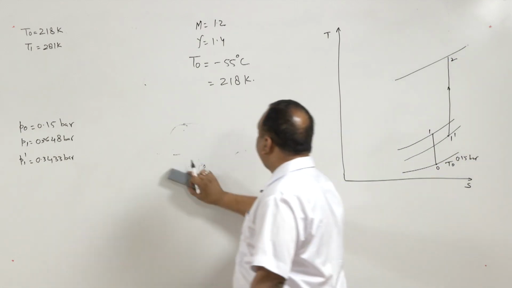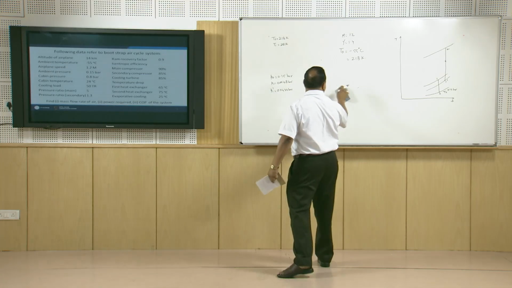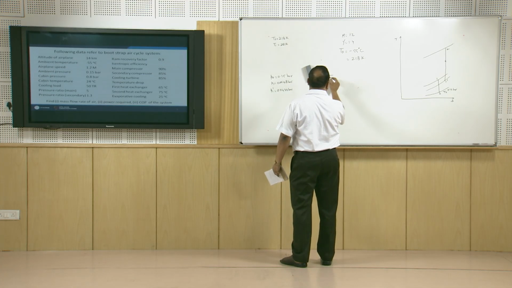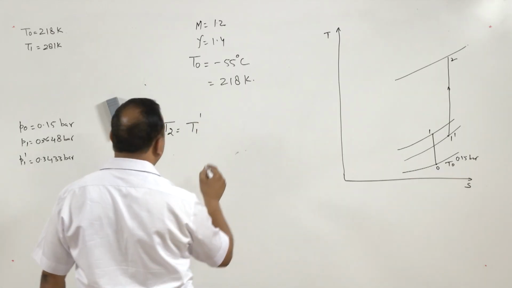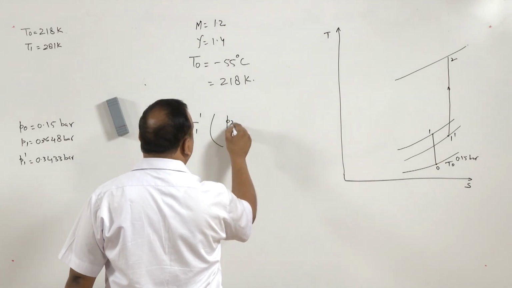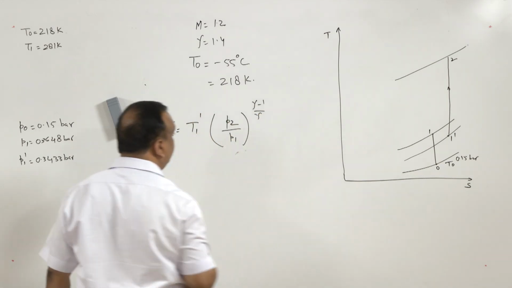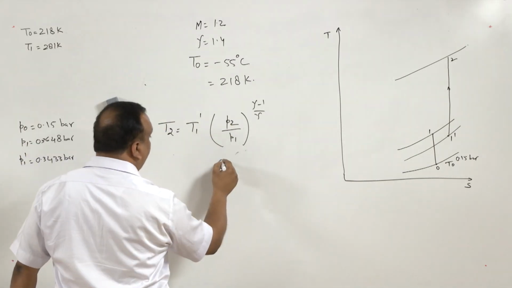Now, during this compression, the compression ratio is given as 5. So, T2 is equal to T1 dash times P2 by P1 raised to power gamma minus 1 over gamma. Gamma value is already with us. P2 by P1 is 5.